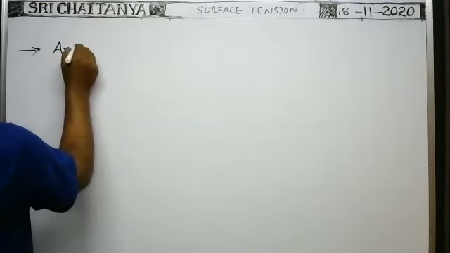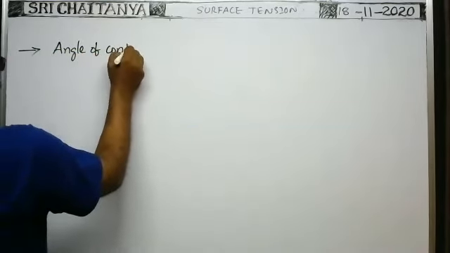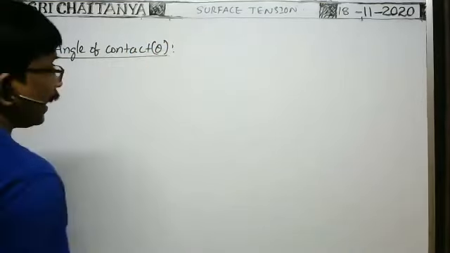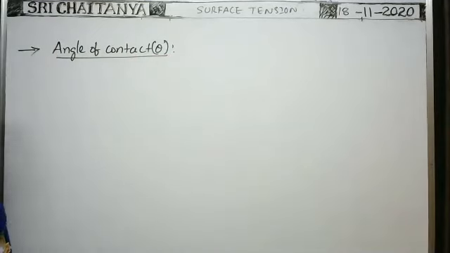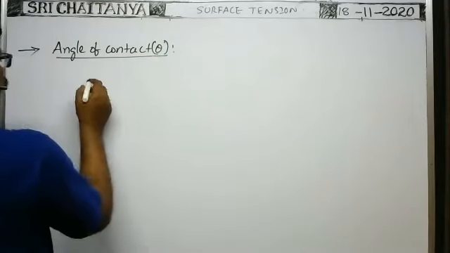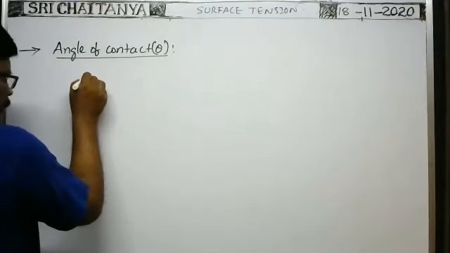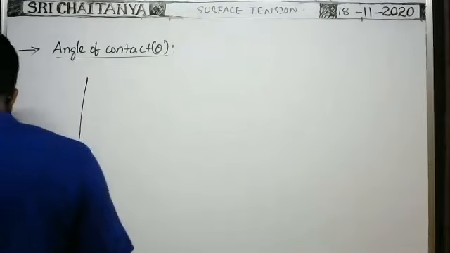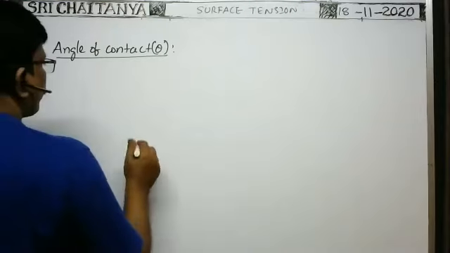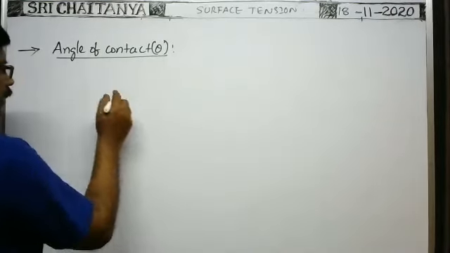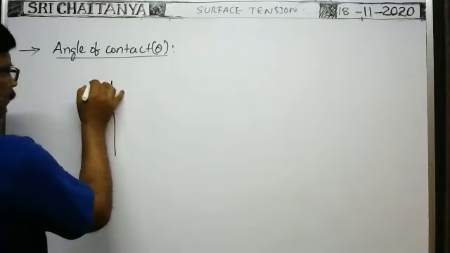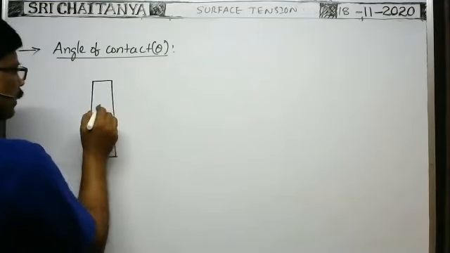Angle of contact. Suppose in a beaker liquid is taken and a glass rod is kept vertically submerged in the liquid. ఒక గ్లాస్ ప్లేట్ కానీ గ్లాస్ రాడ్ కానీ లిక్విడ్ లో సబ్మెర్జ్ చేసాం.